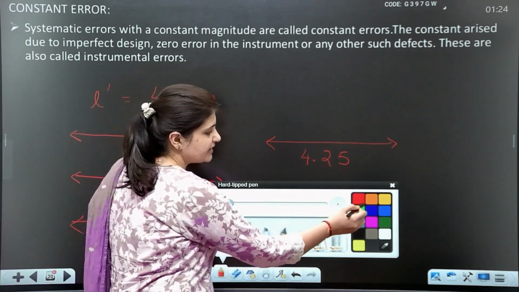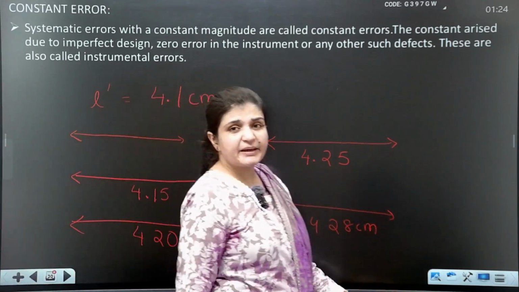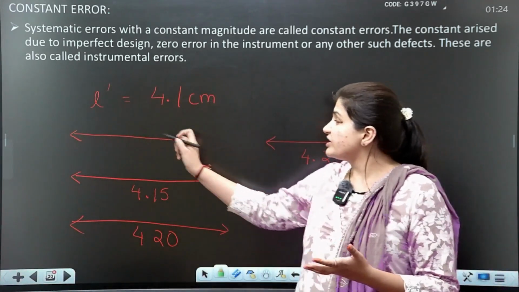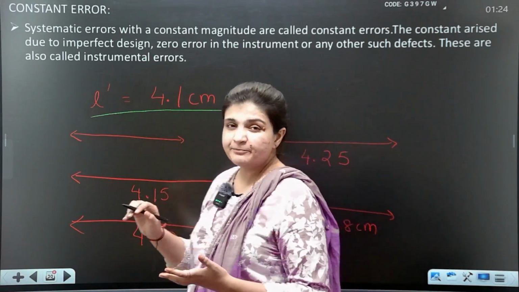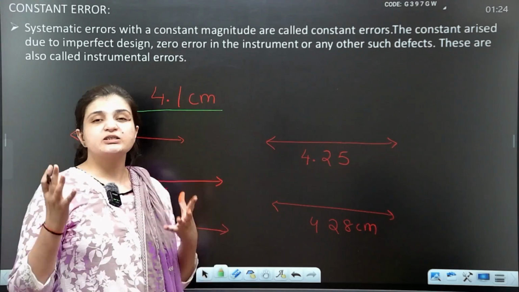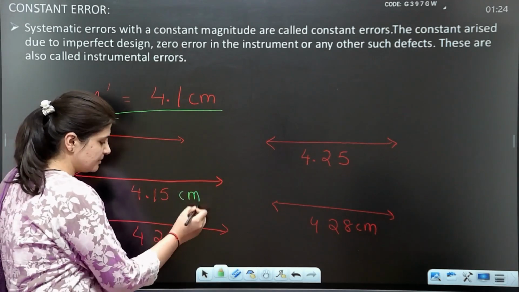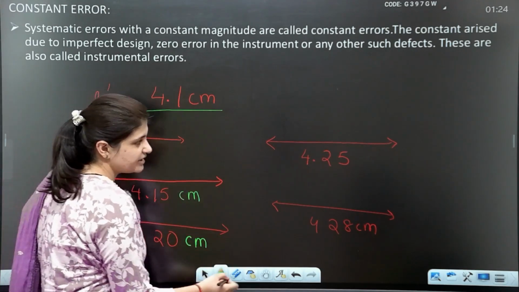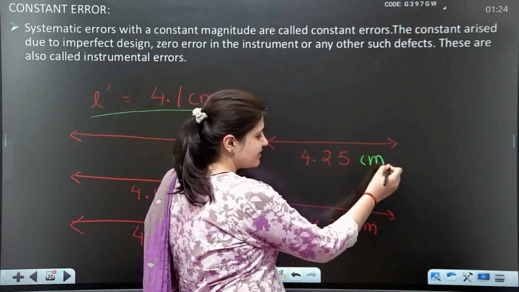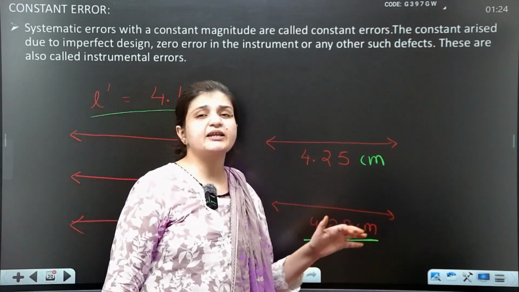So through the experiment the values are coming out to be 4.15, 4.2, 4.25 and 4.28 centimeter.